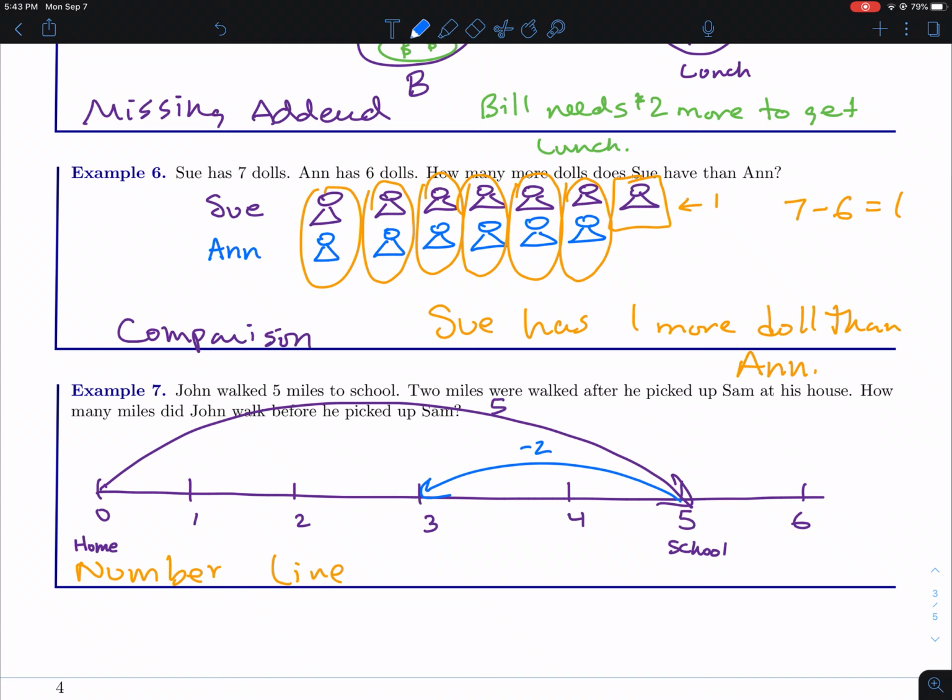So in this case, just like on the addition one, this will be our answer. So this must have been where Sam's house was, 2 miles from the school. And so this is how far John walked by himself. So this is John.